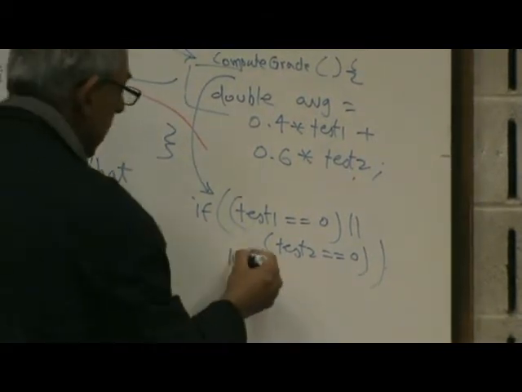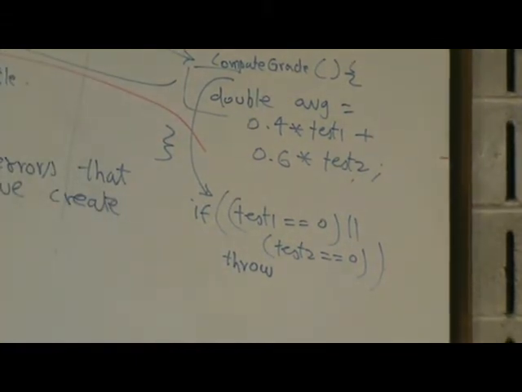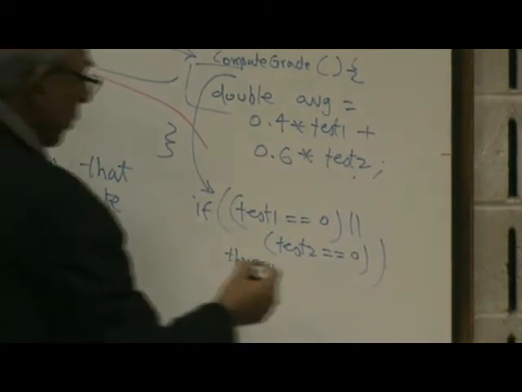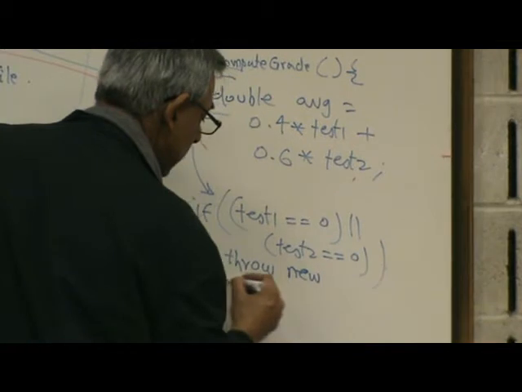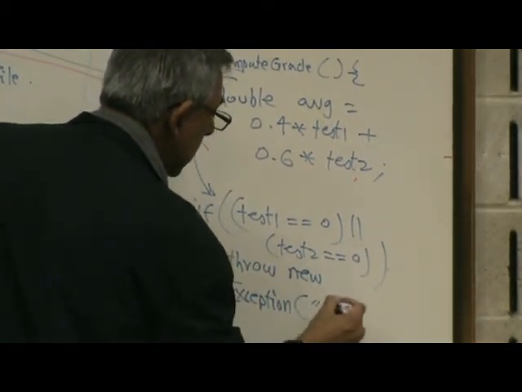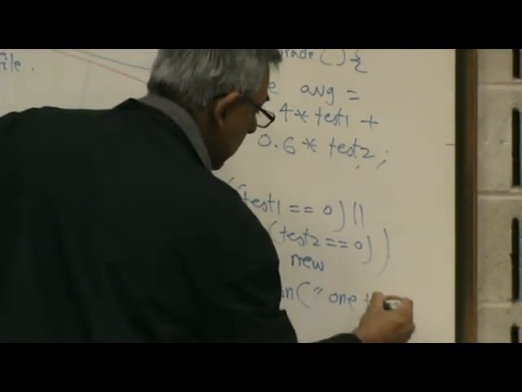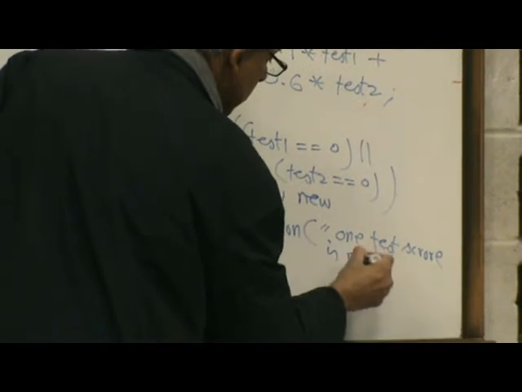So how do we create an error of ourselves? There are a couple of options. We create an exception class of ourselves, okay? Or we create an object of the base class exception. So we will say throw new exception, okay? 1 test score is missing.